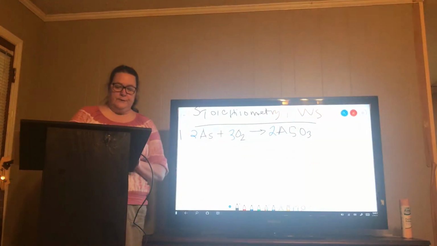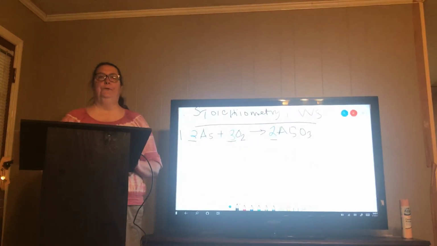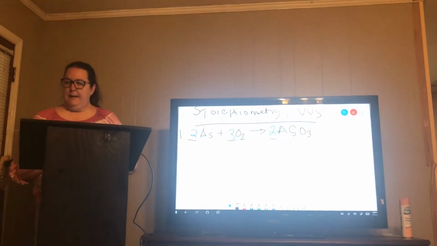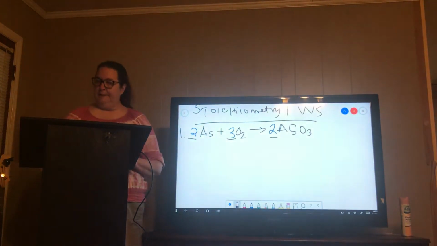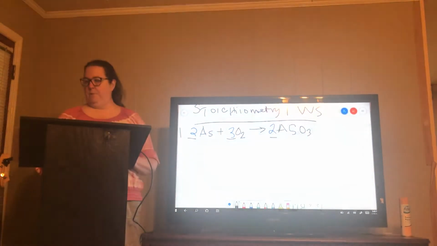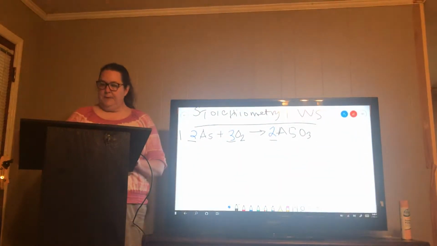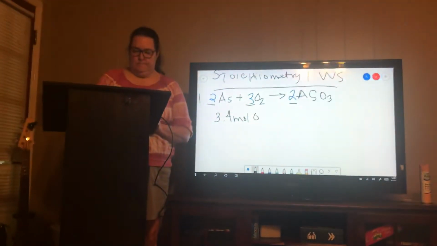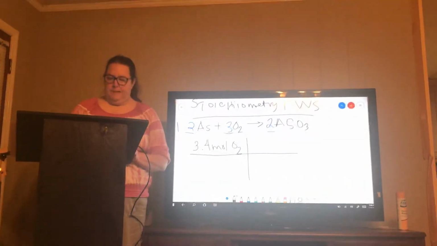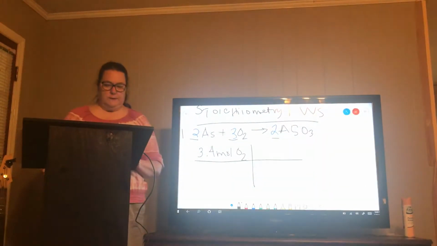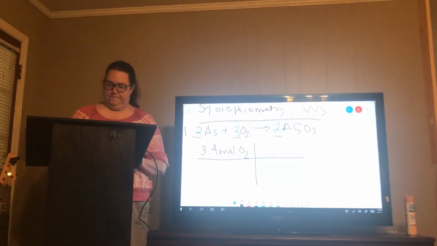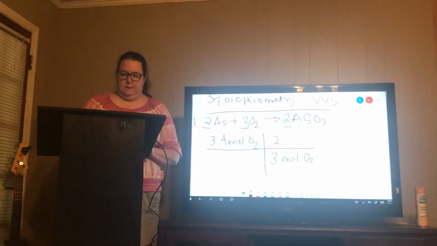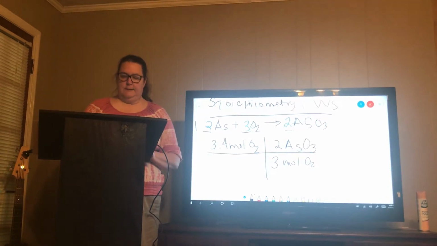Okay, so these right here are your moles. The coefficients also can be used for moles. So it's asking me how many moles of arsenic trioxide will be produced with 3.4 moles of oxygen gas. So I'm going to write what they give me. Okay, and I know the ratios. So for every mole of oxygen, I have, so it's wanting me to find this arsenic trioxide.